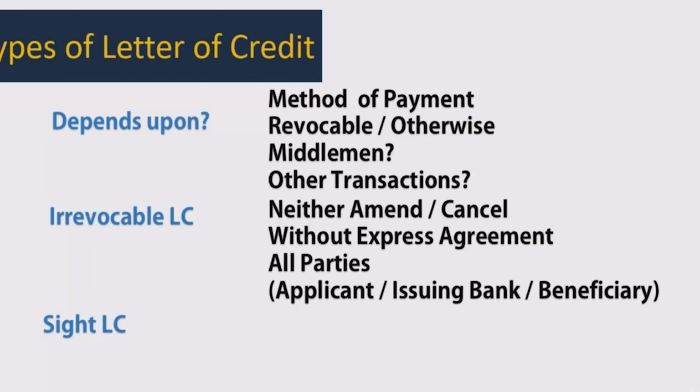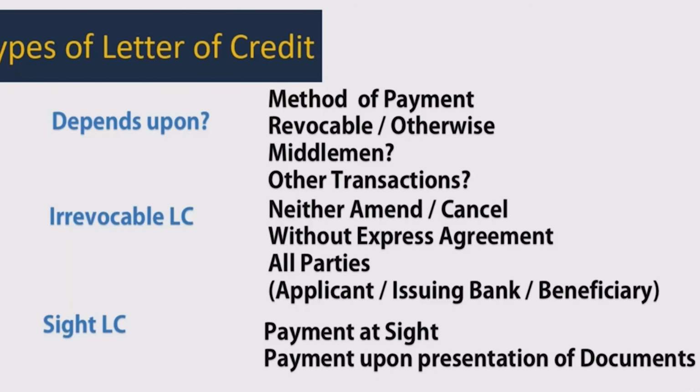So in a sight LC, what is going to happen? The buyer's bank would open the LC, and by the time it is presented to the bank, the payment has to be made. It means if the seller shows the documents which are prescribed in the letter of credit opened by the buyer in favor of the seller, say the invoice, the transit documents, shipment documents, and insurance, whatever is stipulated, and if everything is shown, then payment at sight should happen.